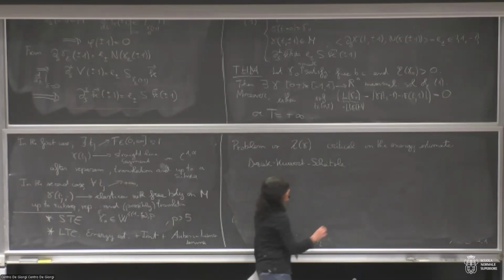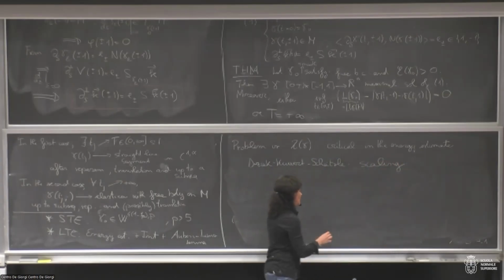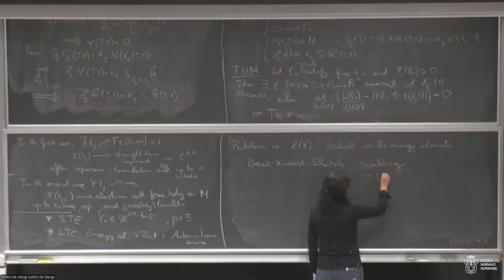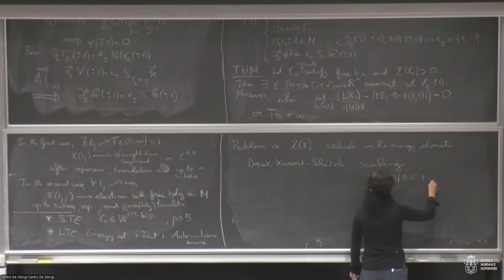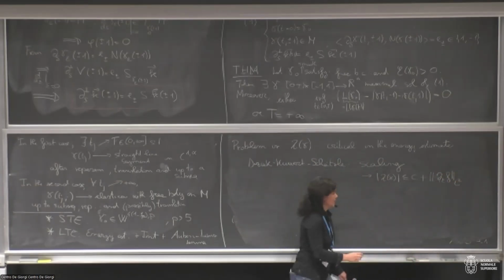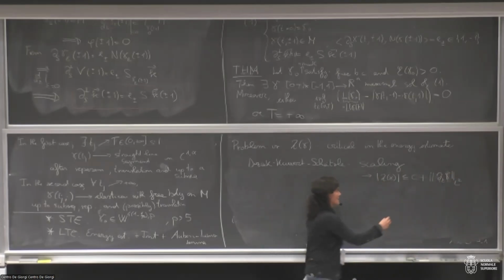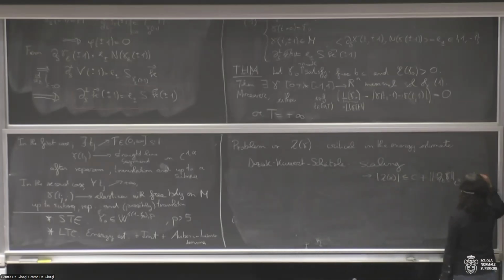Using scaling, they were able to get an estimate of the Lagrange multiplier by some constant plus the L2 norm of d_t gamma plus some terms with the curvature in some norm.